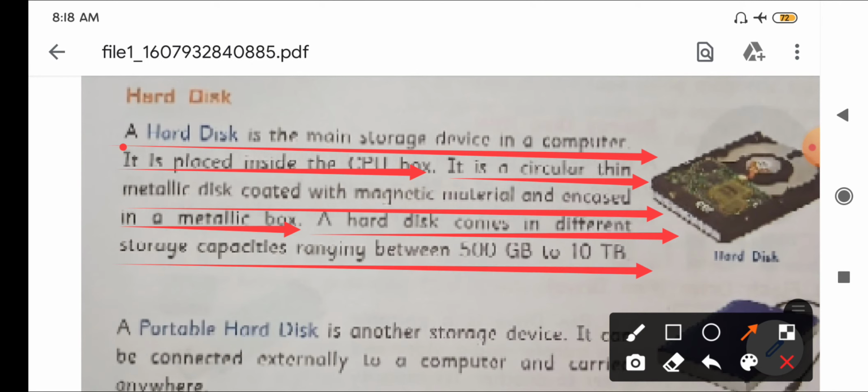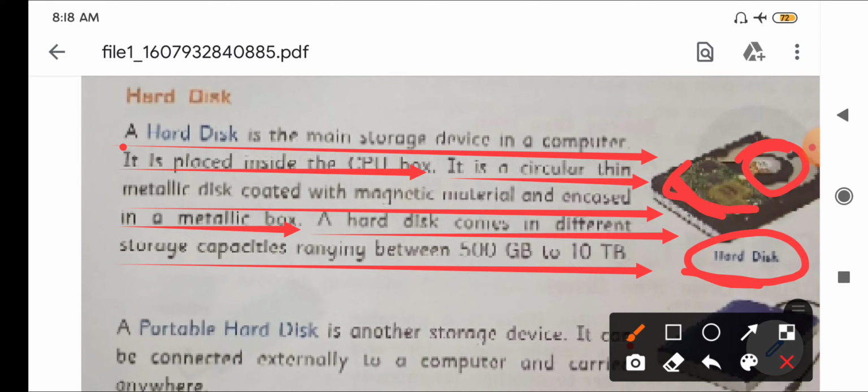As I told you, this is a hard disk. You can see this one is in circular form, isn't it? It is placed inside the CPU, meaning we can install it in the CPU. It is a metallic disc coated with magnetic material, and the box is made of magnetic material.